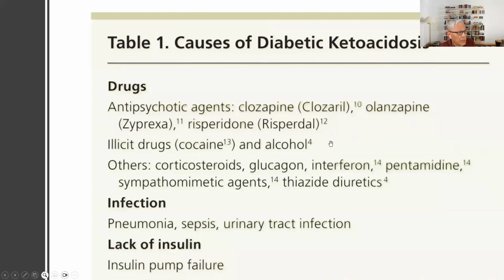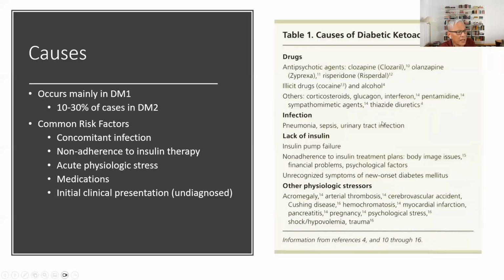And the other things are illicit drugs like cocaine and alcohol, steroids, glucagon, sympathomimetic agents like epinephrine, and thiazide diuretics. So I want you to remember that thiazide diuretics, because this usually is a very common question in NCLEX.